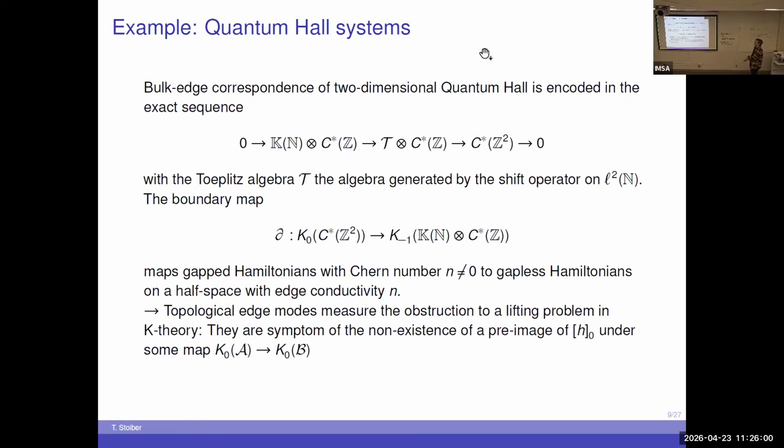Okay, so this is kind of the basic formalism, and this works for basically anything. You can use any kind of boundary, any dimension, any symmetry class. It just makes everything more difficult.